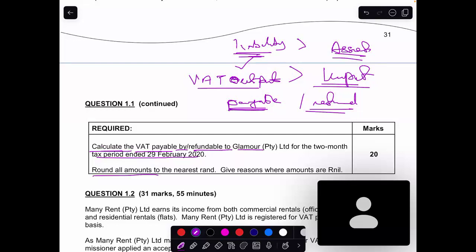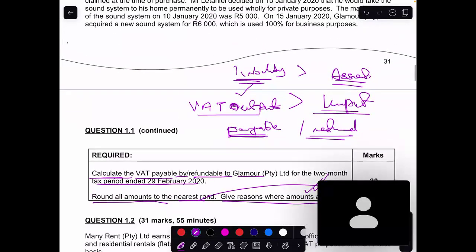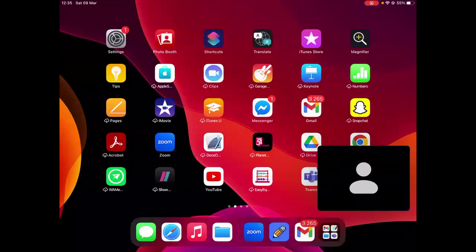Round all the amounts to the nearest rand. Give reasons where the amounts are nil. The reasons where the amounts are nil can be zero rated or exempt. Are we together? Pay attention to the reasons. The reasons why the amount can be nil is because it is zero rated or it is exempt.